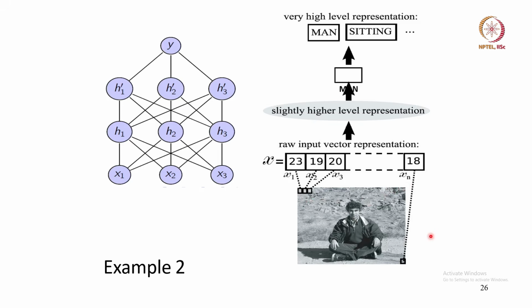Everything is concatenated and represented in this way as a raw input vector representation. Then as you keep going, you get higher and higher representations, and finally at the very highest level you may get something which says there's a man sitting, or some such thing. That's the highest level.